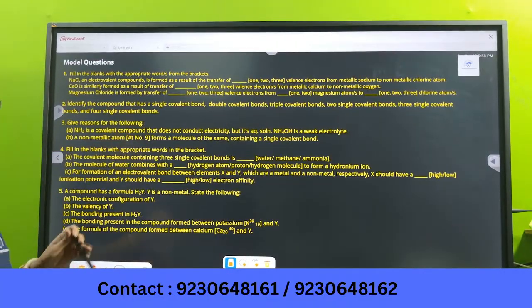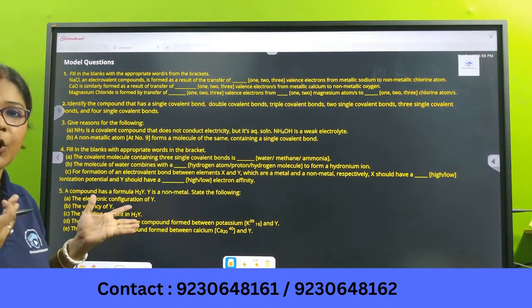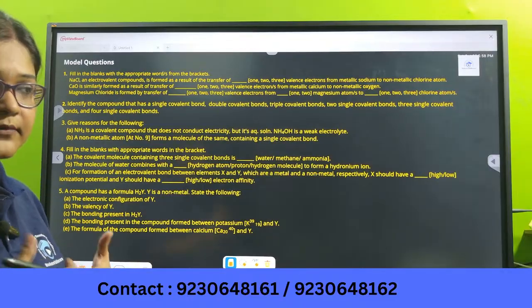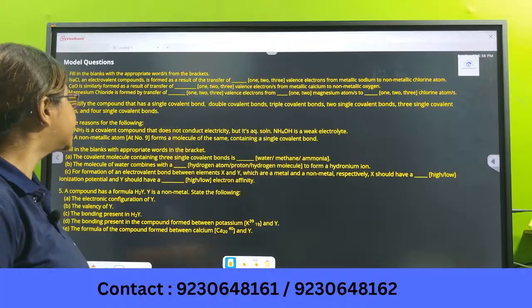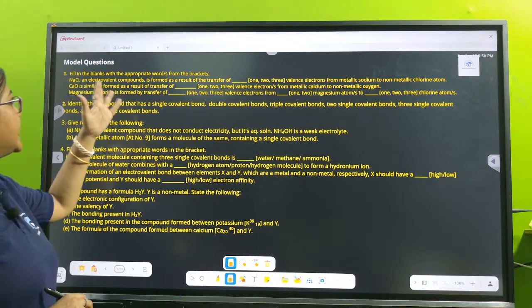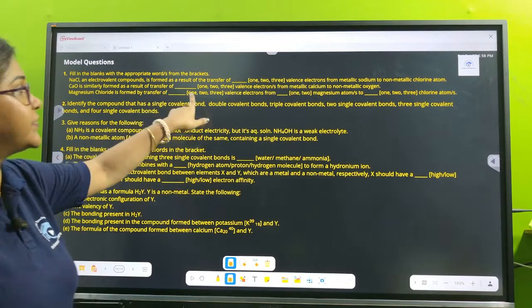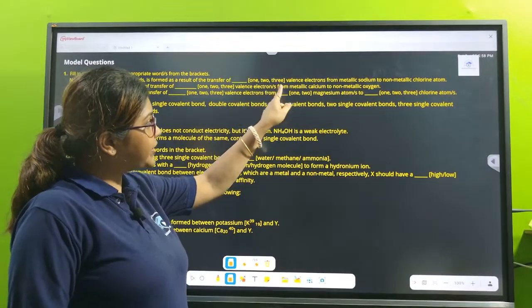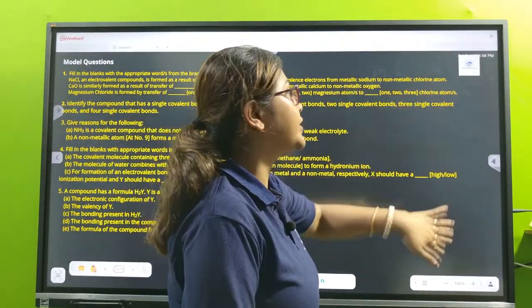Now, following some previous year questions, these are some additional model questions, alike questions that can come in your upcoming board exams. Like you can get questions like this: NaCl is an electrovalent compound. It is formed as a result of transfer of how many valence electrons from metallic sodium to non-metallic chlorine atom?